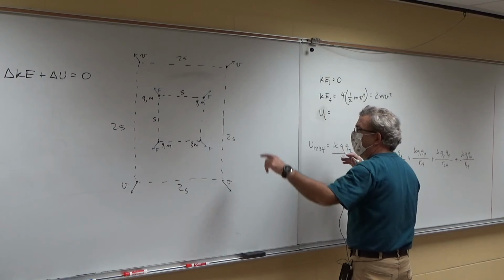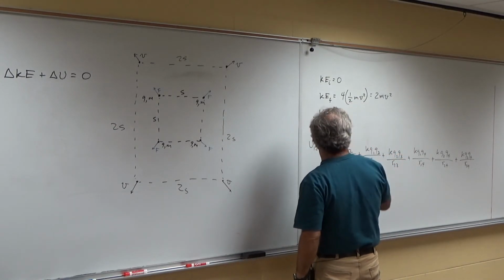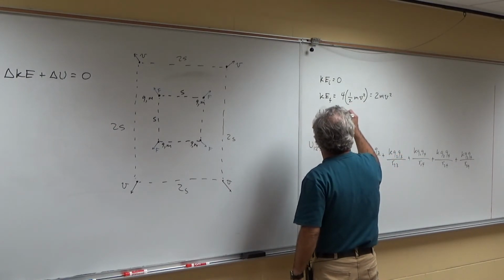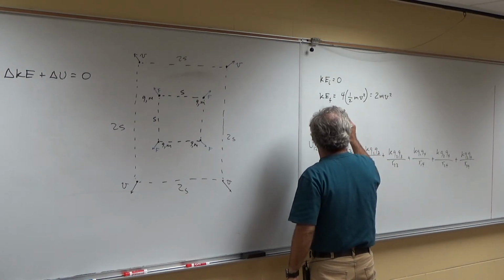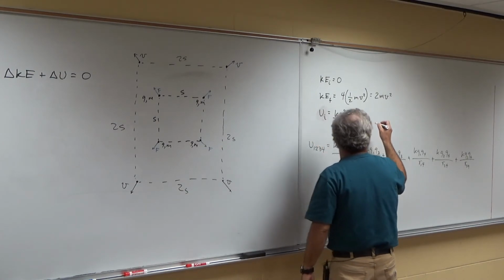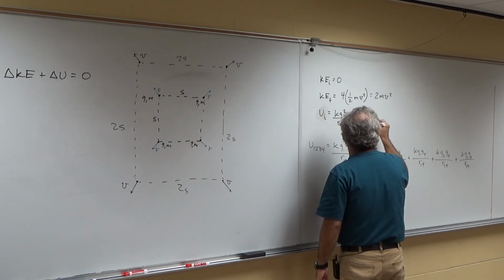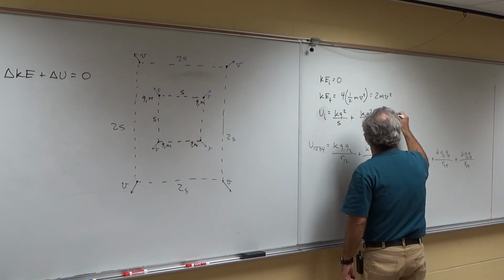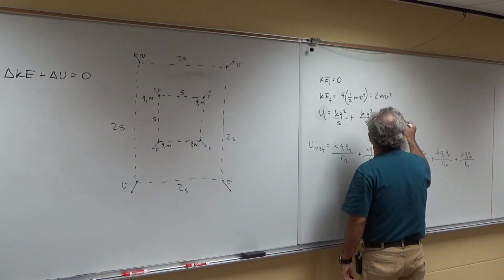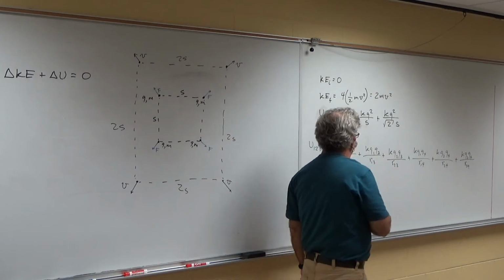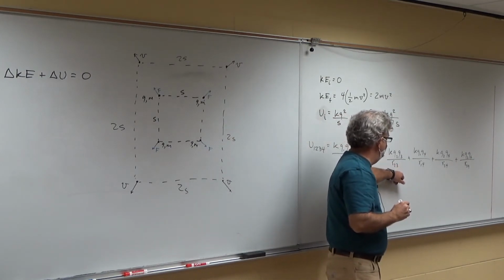So you get kq squared over s plus kq squared over s plus kq squared over square root of 2s. That's these first three.